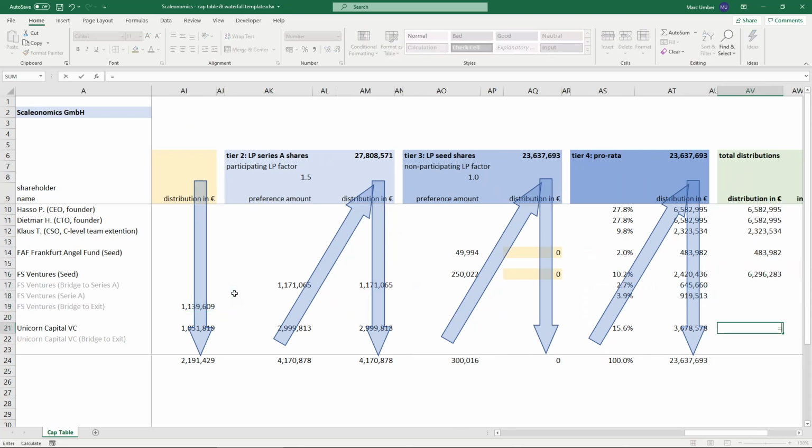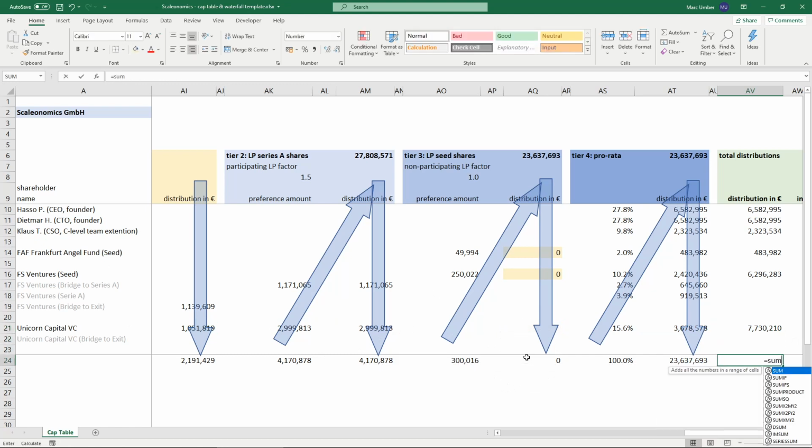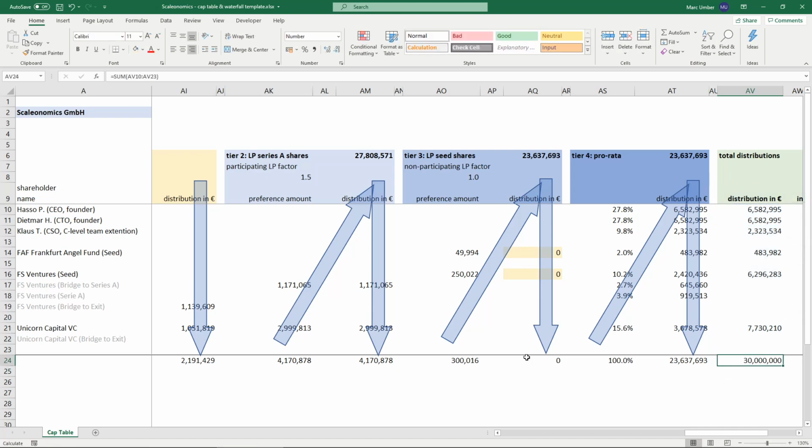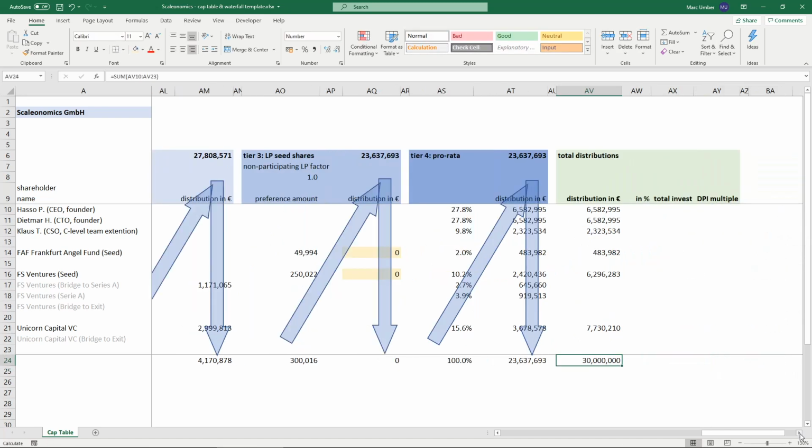And Unicorn Capital Partners will be the sum of this, this, this, this. Now let's check if we made any mistakes. This has to add up to the total proceeds of the transaction, and it does, 30 million, very good.